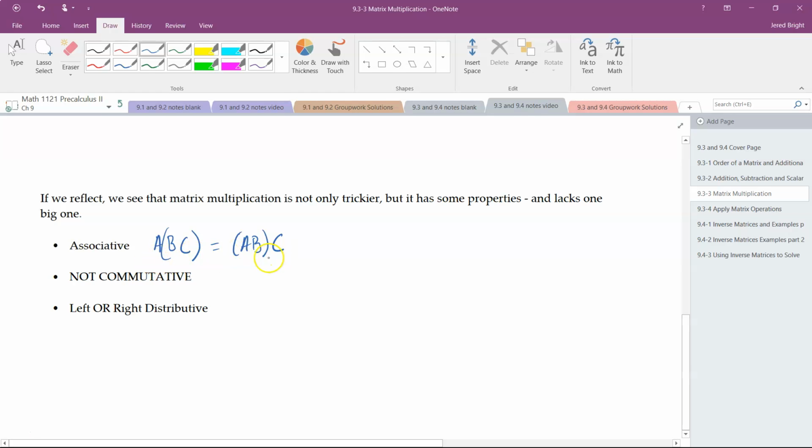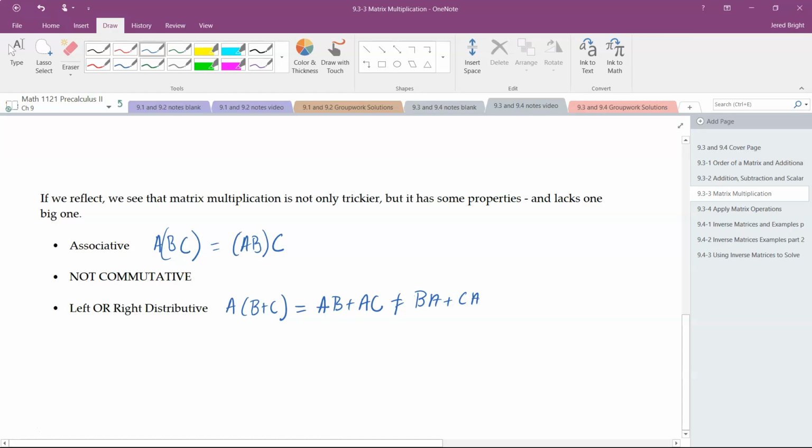When we have distribution, we have to be careful about which side we apply it to. This extends from the non-commutativity property. If you have A times the quantity B plus C, that's the same as AB plus AC, but you cannot say that it's the same as BA plus CA.